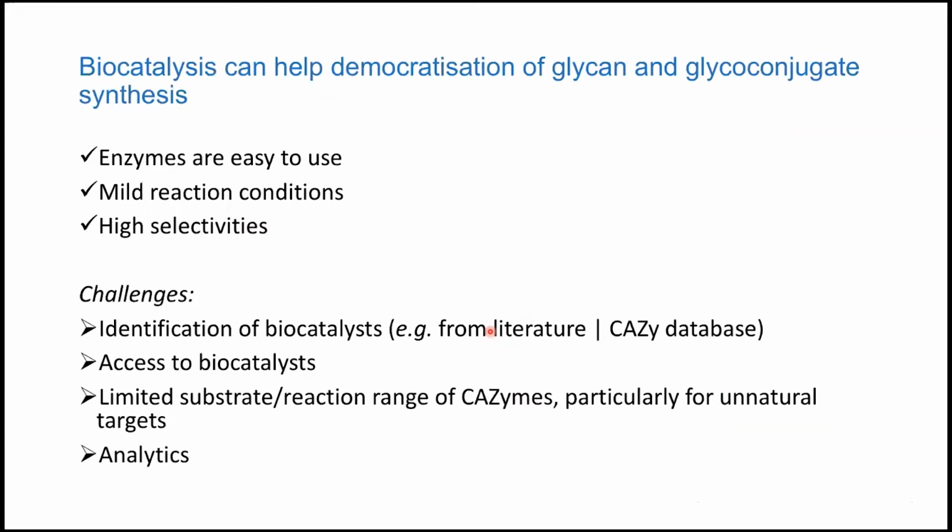So we think that enzymes are extremely useful to what we might call democratize glycan synthesis, because the idea would be if you could make these enzymes all available, in particular to biochemists and biologists who may not be so familiar with synthetic strategies, then they would be fantastic tools and give people access to glycans and also glycoconjugates like the peptides I showed you before.